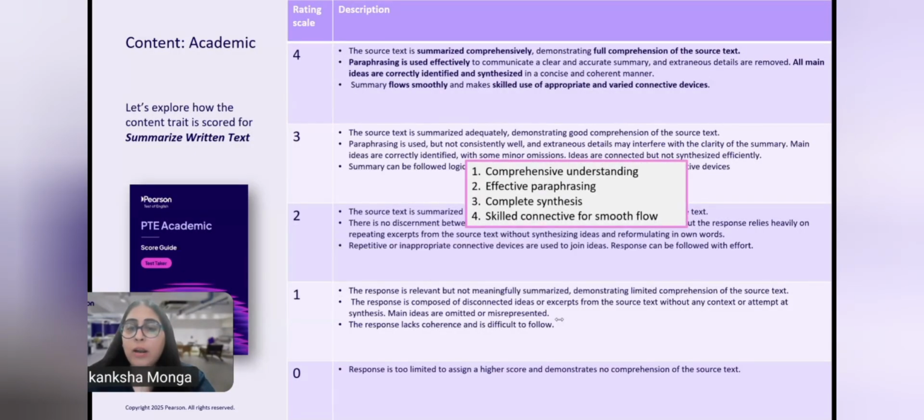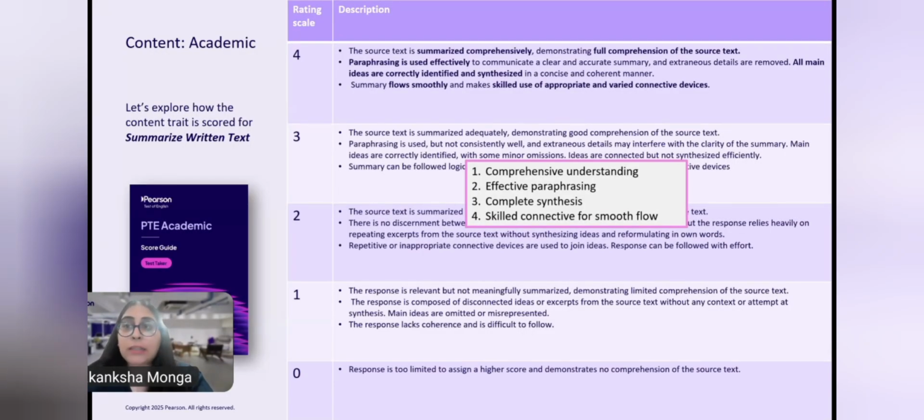Most so far are these: showing a comprehensive understanding of the text, using paraphrasing techniques effectively, complete synthesis, which means that every part of the text has to be summarized, all the main ideas have to be covered, and skilled connective devices for smooth flow. So these four ideas stand out the most from this scoring scale.